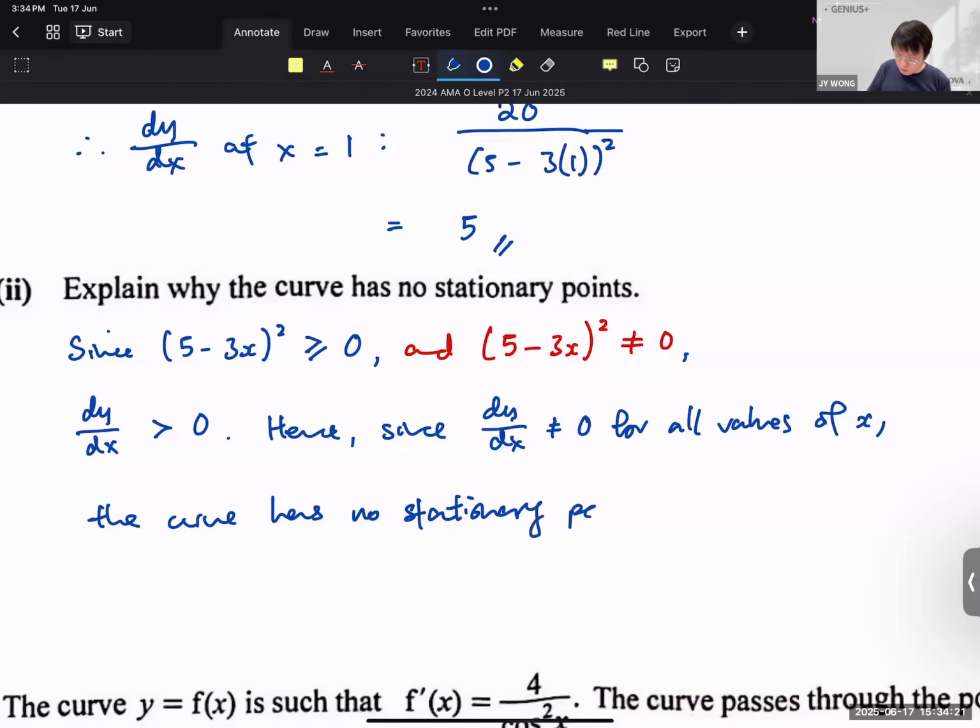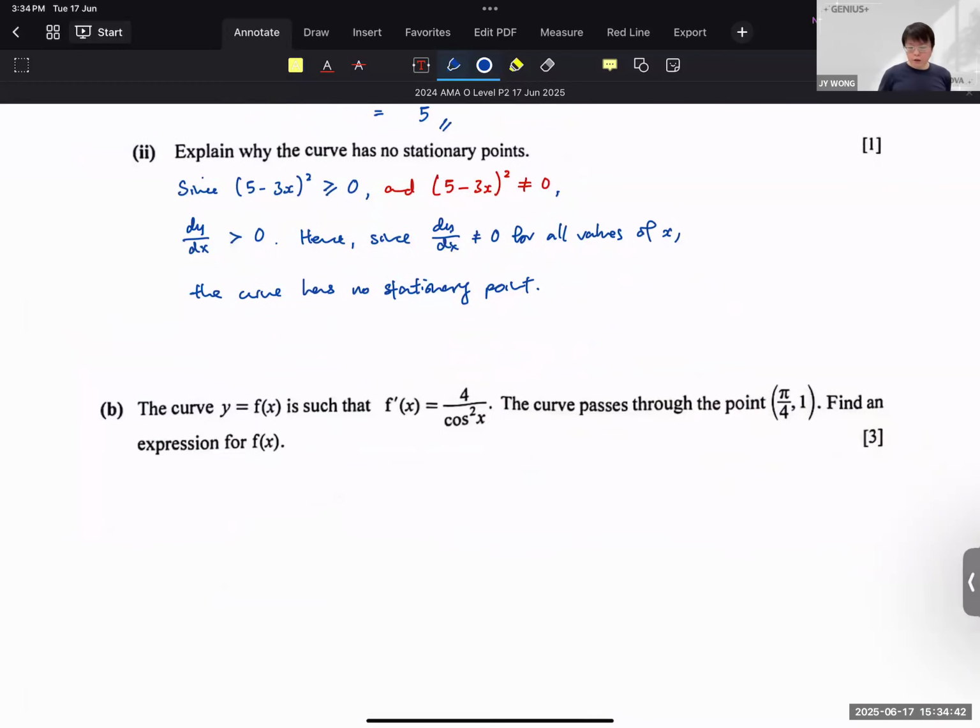Surprisingly, Cambridge grammar very bad. No stationary point should be singular, not plural. It could very well be that all they want you to tell me is that dy/dx must be greater than 0.